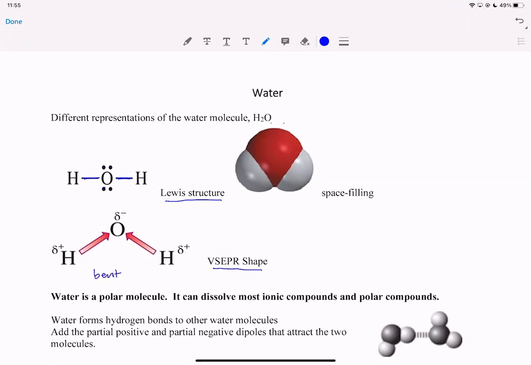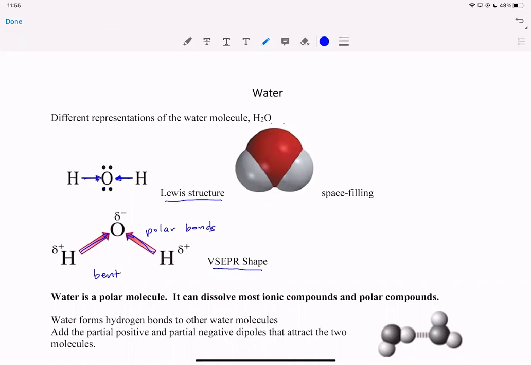Okay, and so that's super important, because if water were a linear shape with those 2 polar bonds, so those are polar bonds, and that's the dipole arrows. If water were a linear shape, those 2 polar bonds would cancel out.